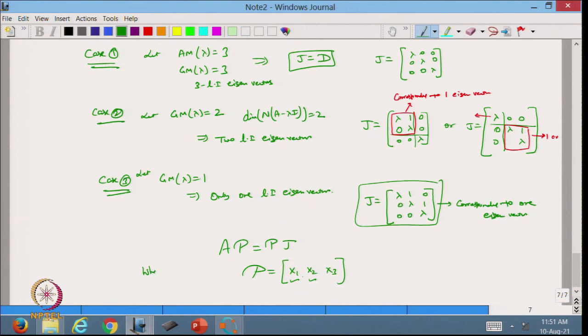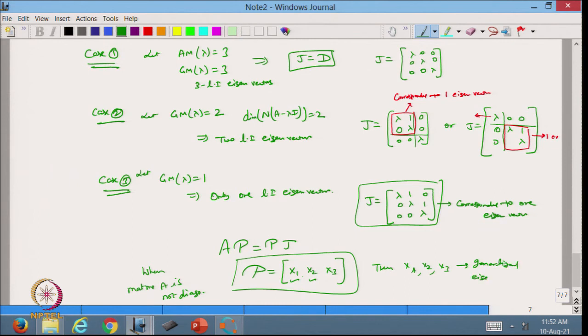So, in this case I can say that when matrix A is not diagonalizable, then I have a P of this form, and then x1, x2, x3 are called generalized eigenvectors.